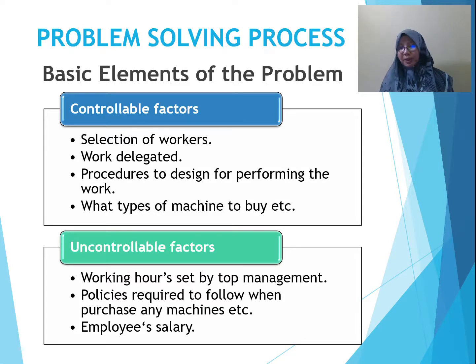Most organizations have 8 working hours, so this is not controllable. We cannot set our working hours from 9 a.m. or 10 a.m. to 6 p.m., or work at 8 p.m. or 12 a.m. Most organizations have working hours of 8 hours, maybe starting from 8 to 9 a.m. Then another uncontrollable factor is the policies required to follow when purchasing any machine. This is standardized. And also the employee salary. You cannot control the salary. For government servants, the salaries are set out by the government.